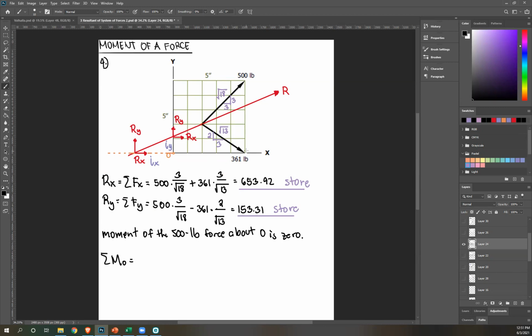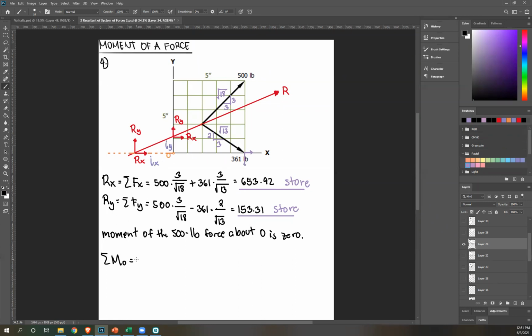Okay, so now I'm going to use 361. So we're going to use again the x and y components of each. Now let me draw it. These are the x and y components. Oh, no, I'm going to place it here instead. Why? Because the x component of the 361-pound force will pass through O. So I'm going to ignore the x component. So I'm left with the y component. Rotate y about O. That's clockwise, therefore positive.